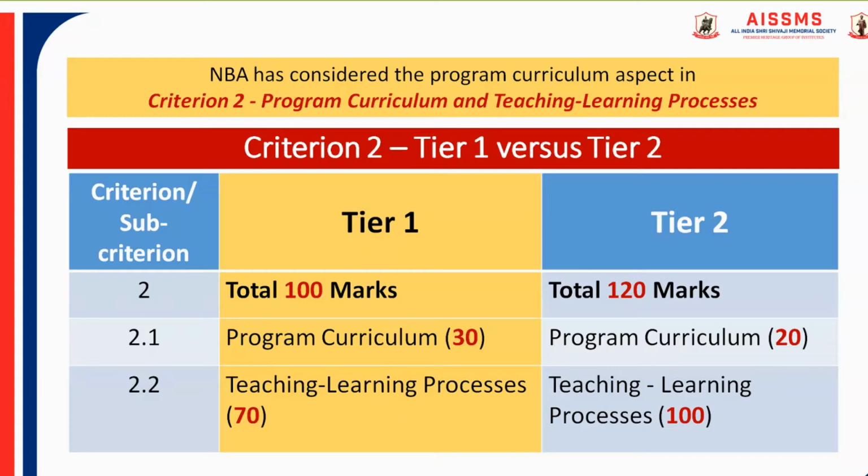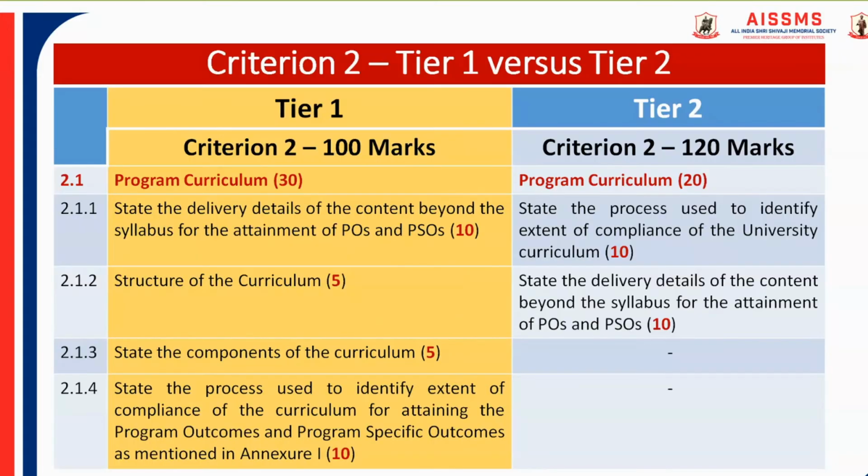When we talk about the program curriculum for tier 1, IITs, we have 30 marks. There are in all 4 subpoints. The first subpoint asks you to state the delivery details of the content beyond the syllabus for attainment of POs and PSOs.